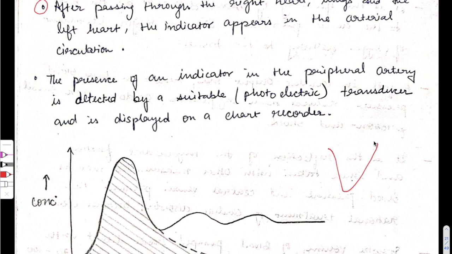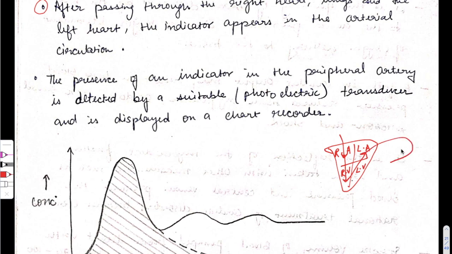Suppose we have a four-chambered heart here. This is the right atrium, this is the left atrium, this is the right ventricle, and this is the left ventricle. After passing through the right heart and the left heart, the indicator appears in the arterial circulation.